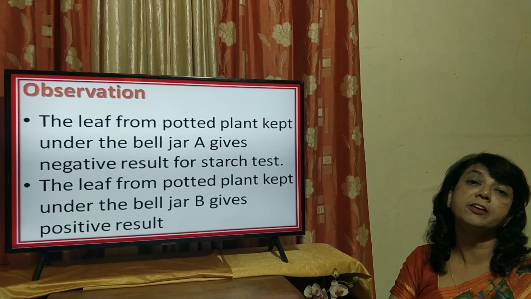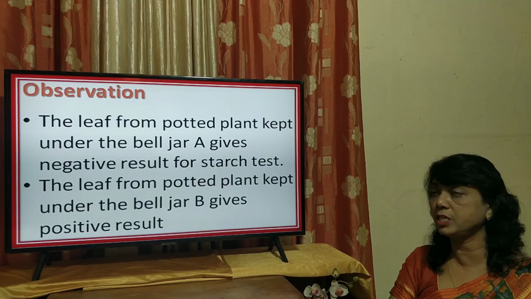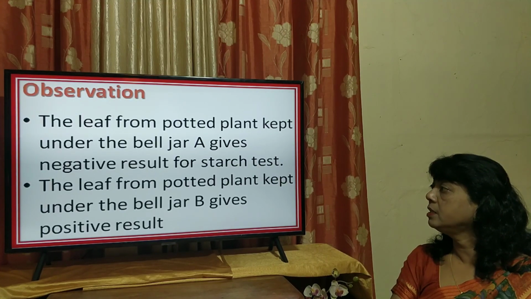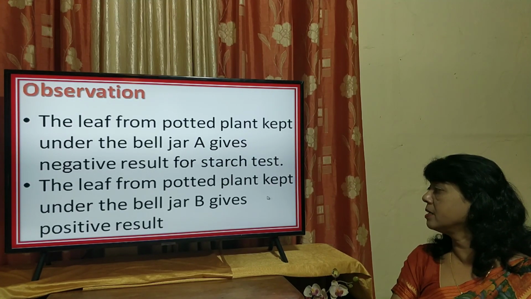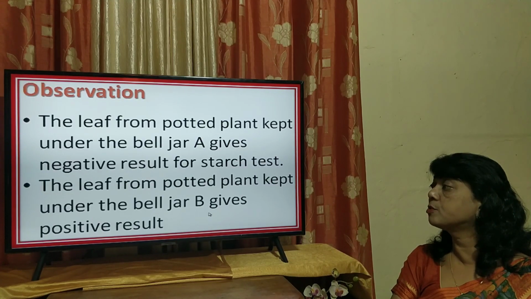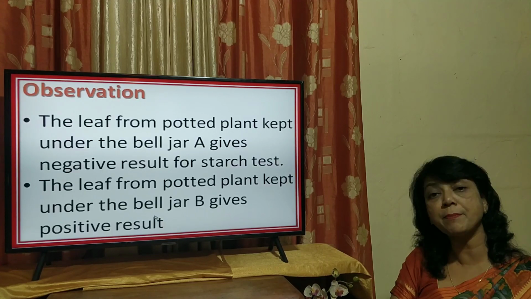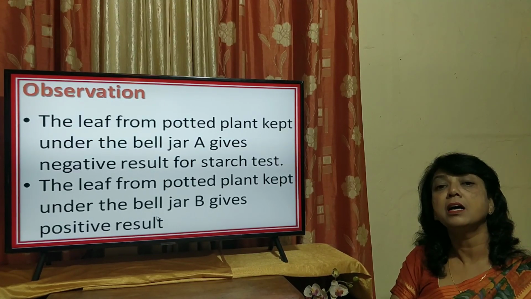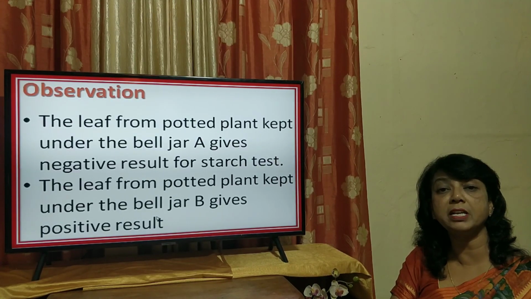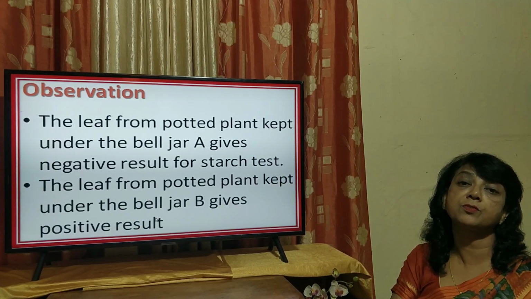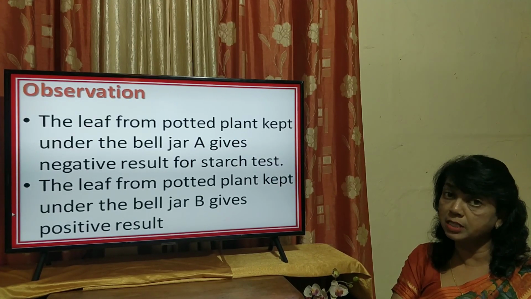So the leaf will not give the starch test. The leaf from the potted plant kept under bell jar B gives a positive result because KOH was not kept inside that and the carbon dioxide gas was available to the plant and it was able to photosynthesize.